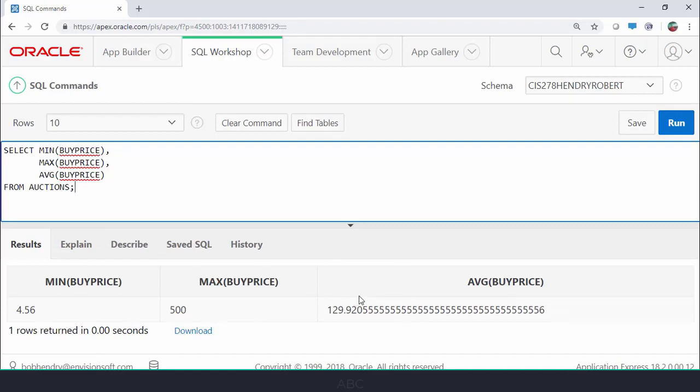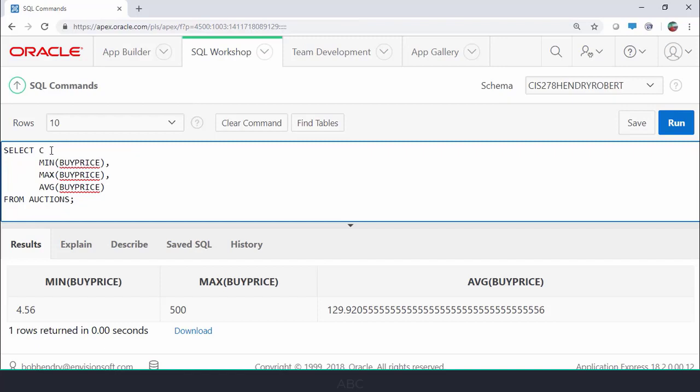Fairly simple stuff. Now we can actually combine these as well. For example, if we want to look at how many auction records we have, and then we're going to look at the min buy price, the max buy price, and the average. So we could do something like this.